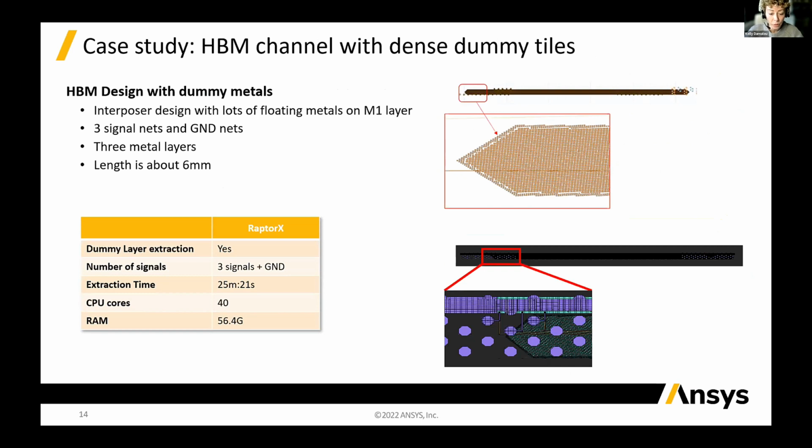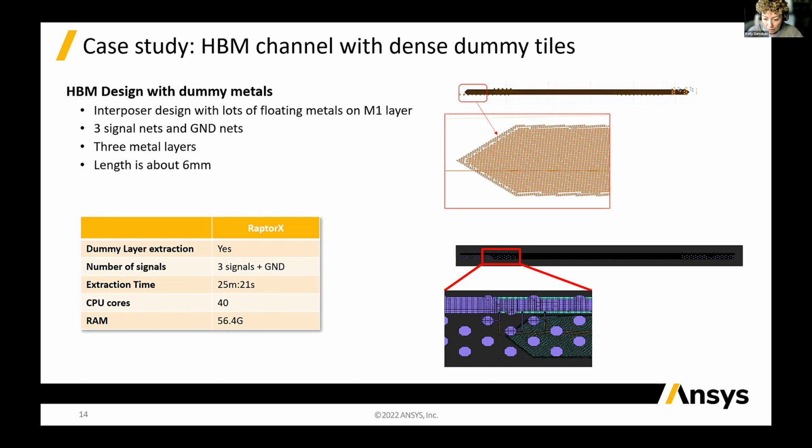So I will use this example to emphasize the capacity and the speed of RaptorX that allowed us to model this interposer that is 6 millimeters long and has been flooded by dense dummy tiling on metal 1. So thousands of floating metals on M1 going along the interposer for 6 millimeters. You can imagine what kind of dense metallization that is. And you see a small sample of that here.